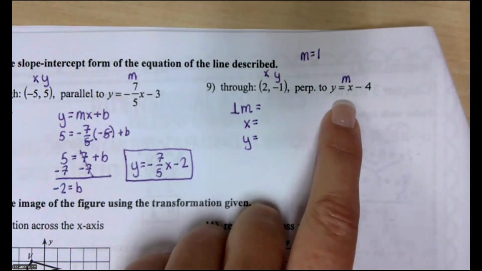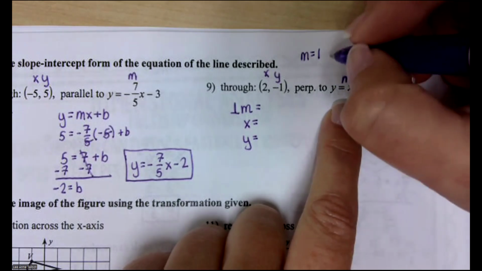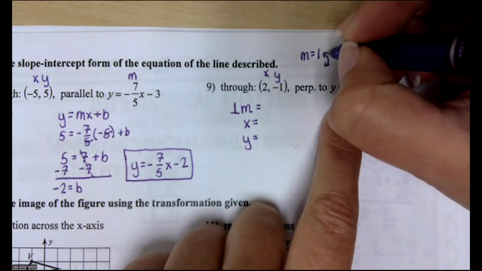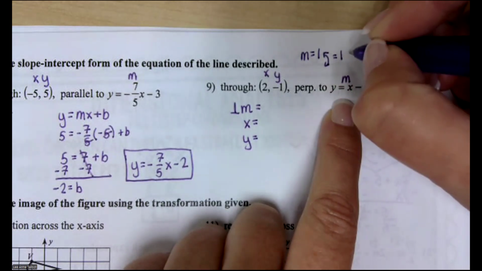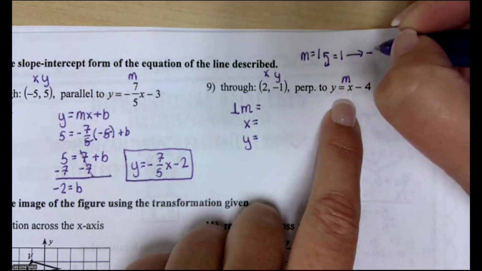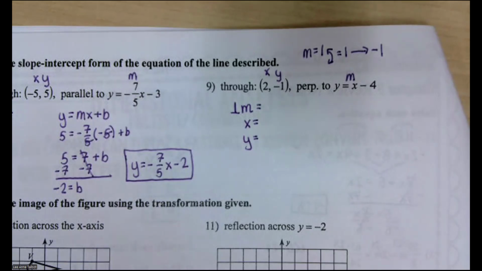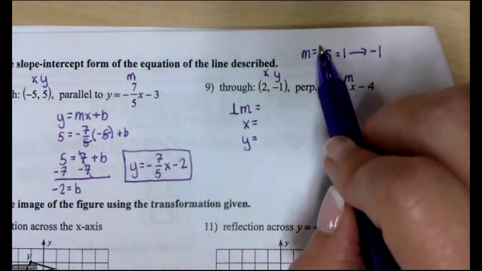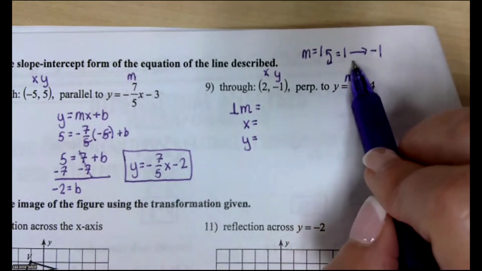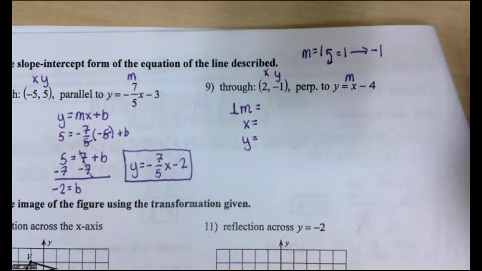And what happens if I flip 1? What do I get? So if I flip 1, I get 1, but then I have to change it to -1 to make it perpendicular. So remember, flip and change the sign for perpendicular. So here's my 1. I flipped 1 and got 1, and then I changed the sign.